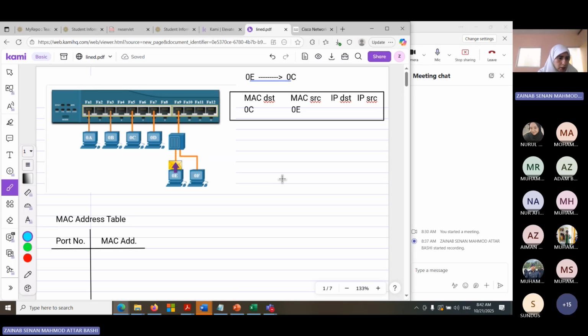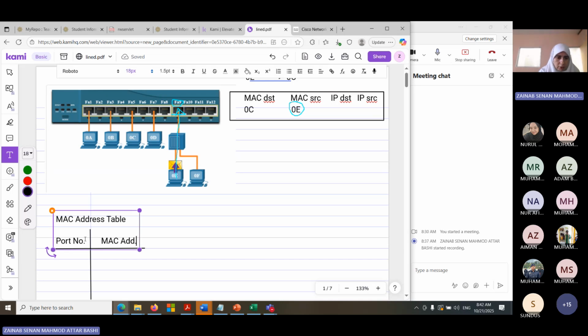So now the message we have will go from E to the switch. The switch will look at it. Okay, now we know the source is 0E, and we know this 0E came from F09. So before we do anything, the switch decides, okay, let me save this information. It will be useful for me later.